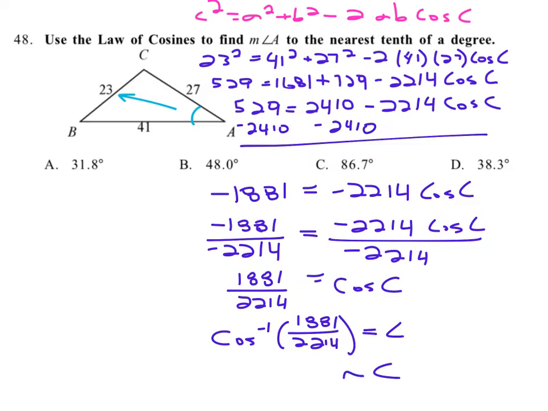And then we say that angle is approximately equal to whatever we get when we do inverse cosine of 1,881 divided by 2,214. And we get 31.83 something something. 31.8 approximately when we round to the nearest tenth of a degree. That's A.